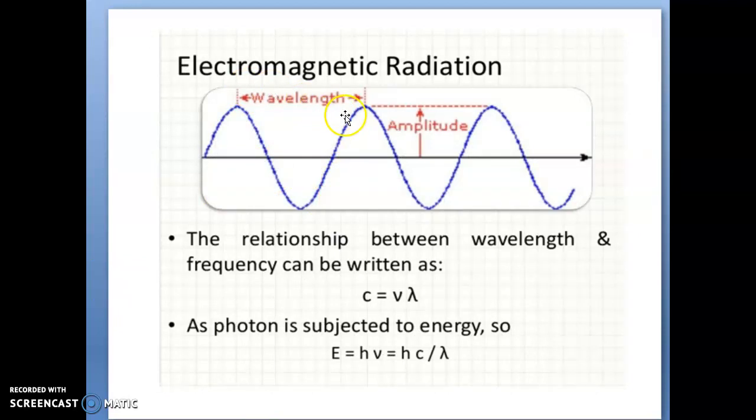Here you can see the wavelength. What is the relation between wavelength and frequency? C is equal to nu into lambda.